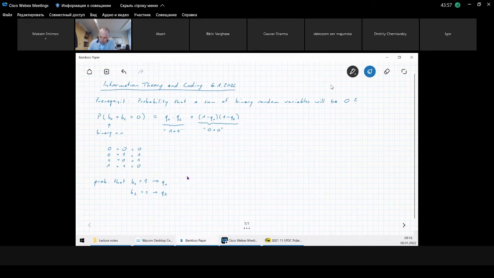Well, I think this is not too difficult, but we want to extend this further to an arbitrary number of bits. This will be a bit more difficult, and therefore I bring this to a special form. So let's basically multiply this out. Q1 times Q2 plus, so what do we get here? 1 minus Q2 minus Q1 plus Q1 Q2.